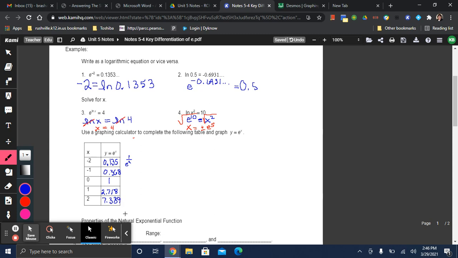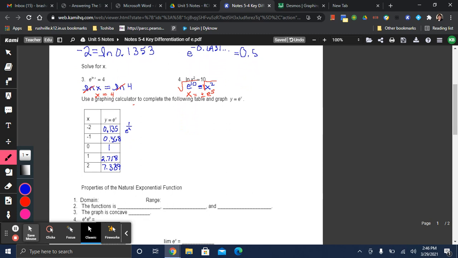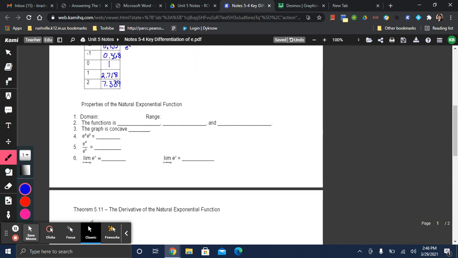It grows very, very quickly. And then as we're looking at the graph, again, the domain is negative infinity to infinity. The range is from 0, not including the 0, to infinity because it has that horizontal asymptote.